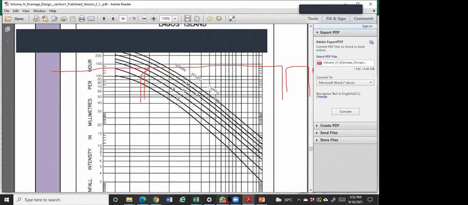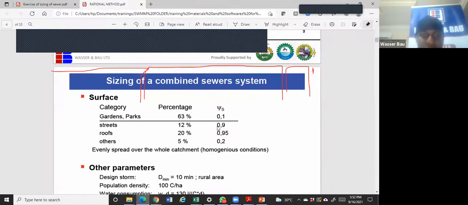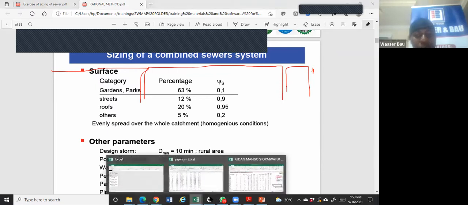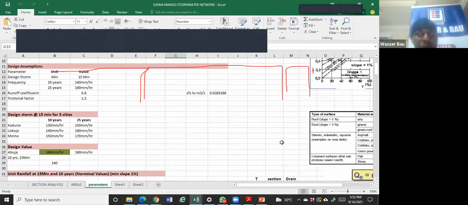All right. Now, back to where we are. That is what I just want to explain. If the catchment is not homogeneous, you need to use the mean weighted average to generate your coefficient of runoff. So look at what I did here. Kaduna: 130 for 10 years, 150 for 25 years.